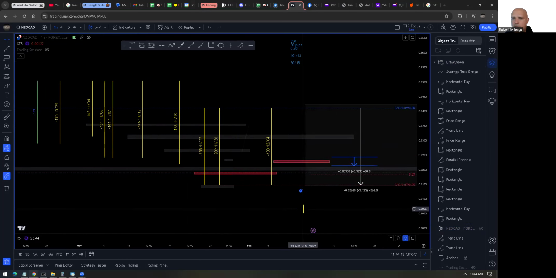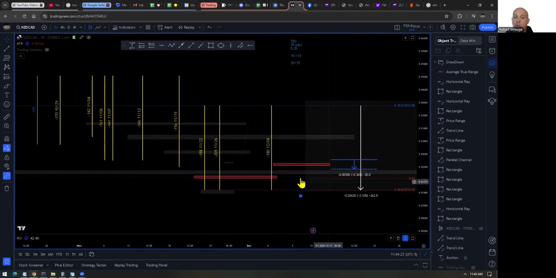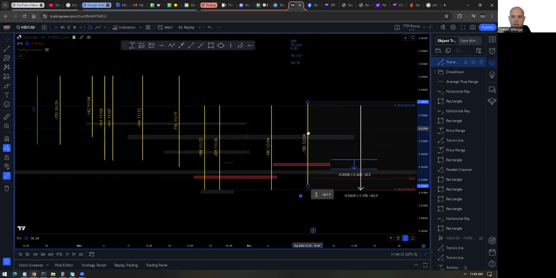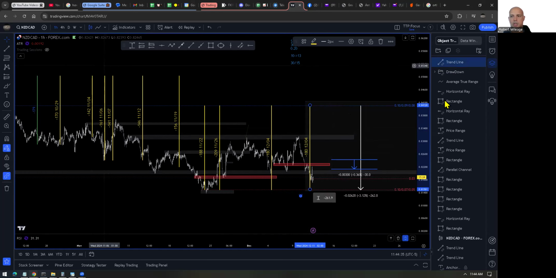Now, the key feature here is I'm working within the hedge. Or I was working within the hedge. So now I'm going to be curious to see what we've actually done in regards to this here. So let's move this over to the most recent position of where we got triggered in. We are looking at NZDCAD.